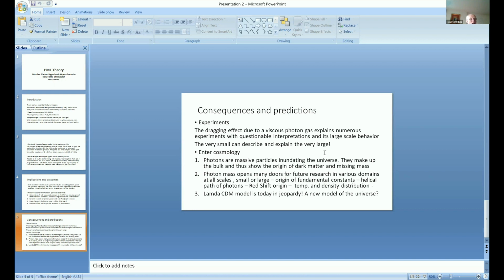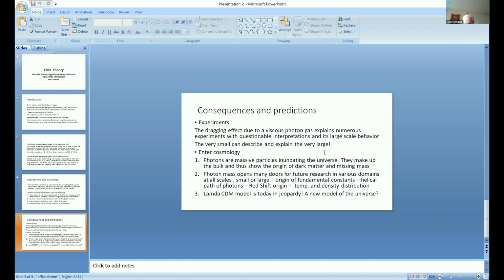We can now think about future research. We can investigate the origin of fundamental constants. We did that already for two constants, h and c. There might be many more, and we can determine the other constants from the right theory. Another big question: can we make another model of the universe?